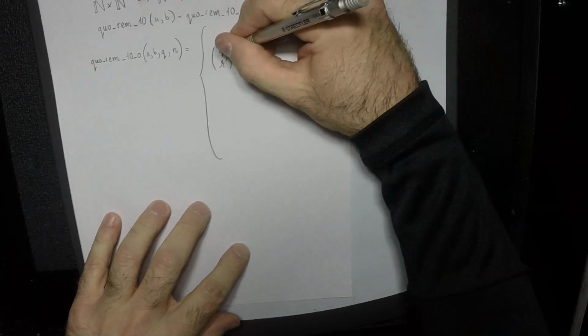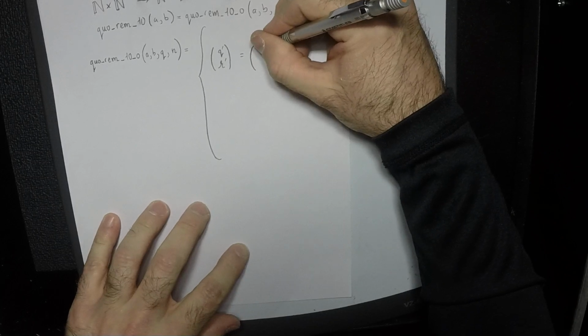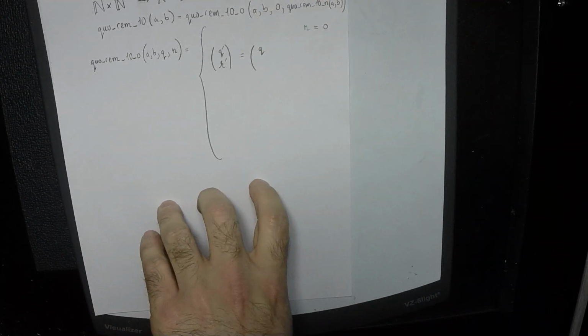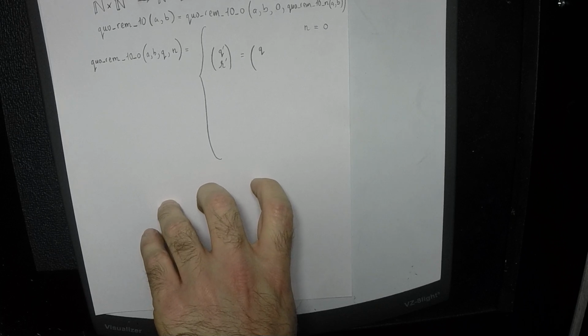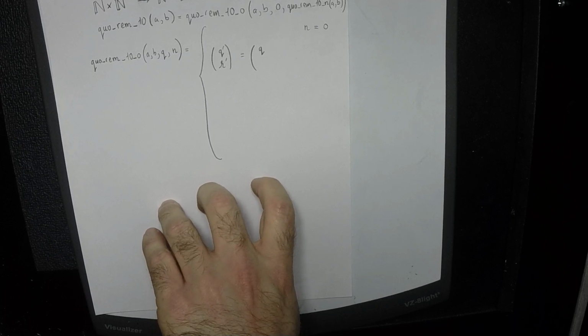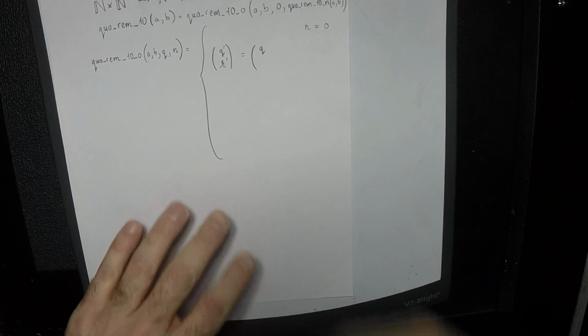So the output quotient is the current quotient, whatever it is, plus just c, because n is 0.